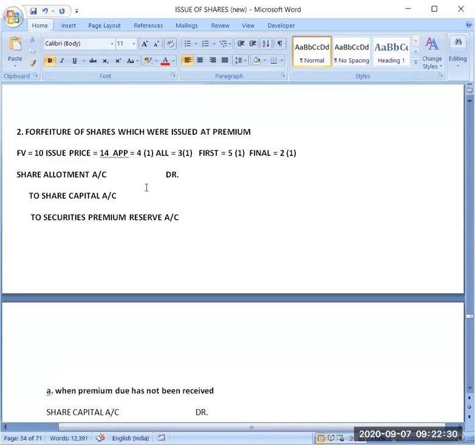Suppose I am making allotment money due. So allotment money is rupees 3, premium is rupees 1, so the capital will be rupees 2. This is the entry for making allotment money due. I hope this entry is clear to all of you.